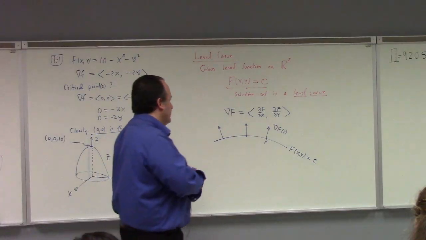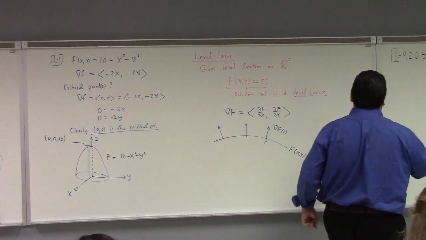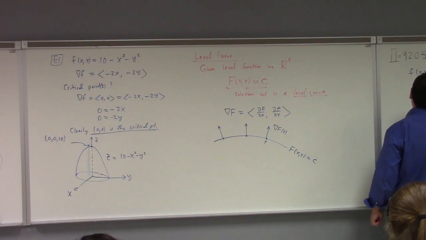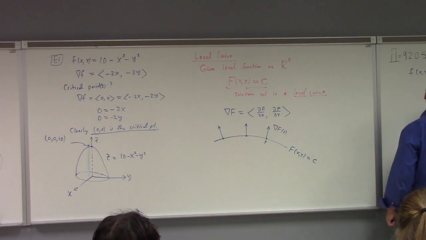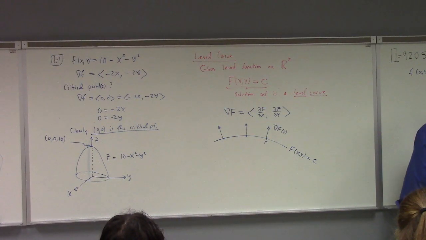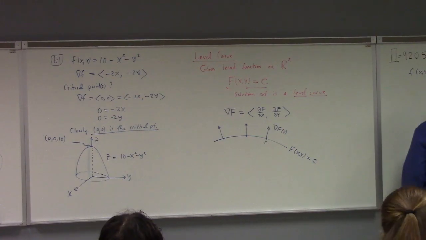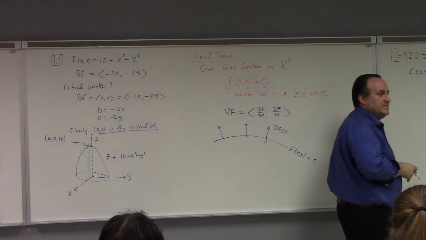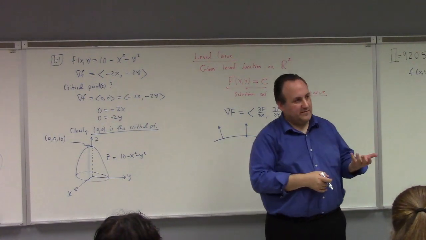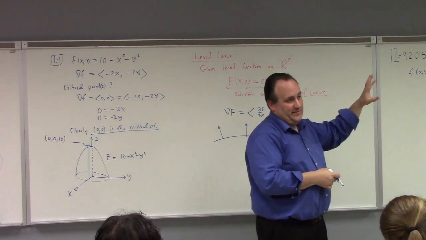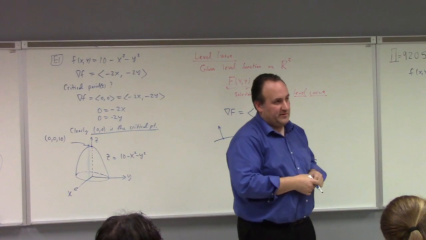Similarly, if I had f of x comma y equal to mx minus y equals b, this would be a level curve, whatever m you choose.